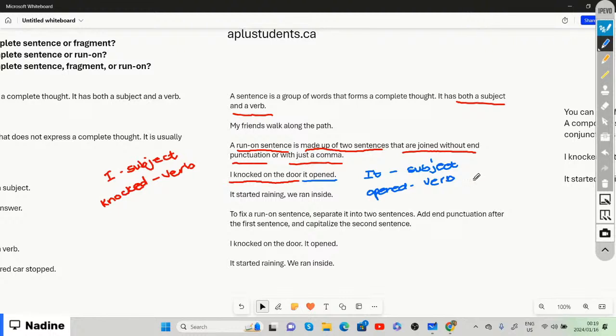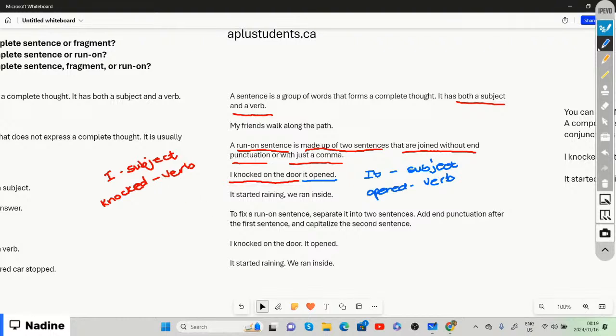So which means that this is two sentences that do not have an endpoint. And we're going to find out how we can write these sentences in order to avoid run-on sentences, or how we can fix a run-on sentence. So this one has no endpoint. It's just running on, the two sentences joined.